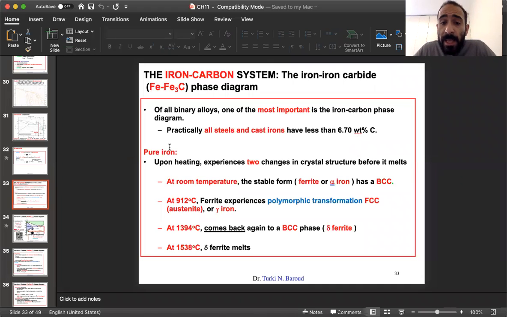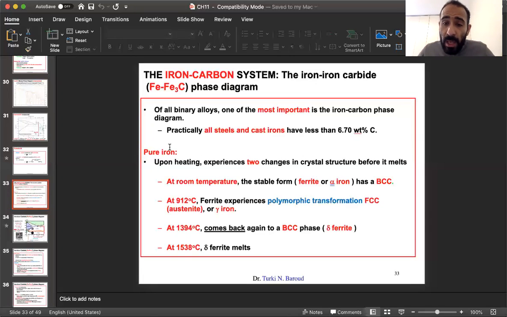Before we get into the iron-carbon phase diagram, it's very important to understand more about what iron itself is. What are the crystal structures that iron might have? If you have pure iron without adding anything, we know that iron at room temperature has a BCC structure, body-centered cubic.